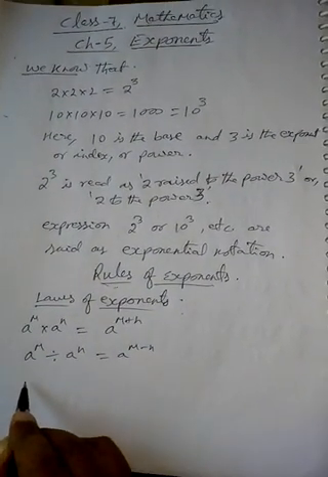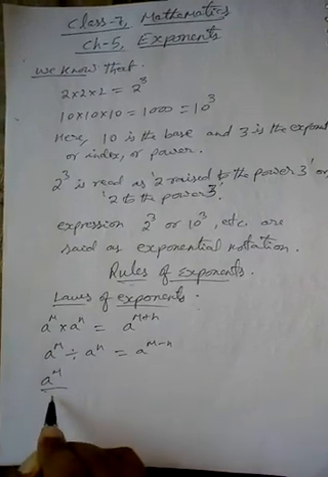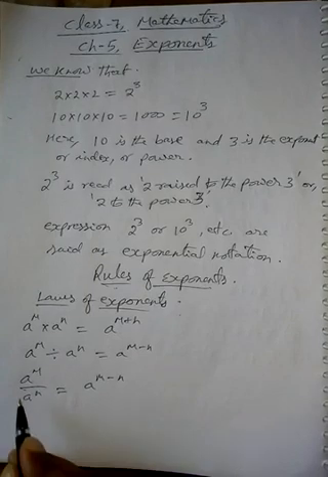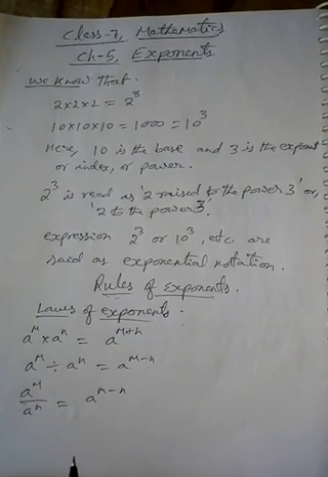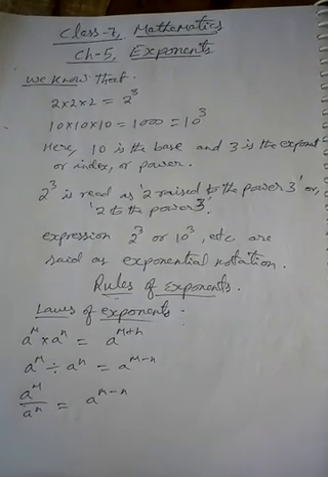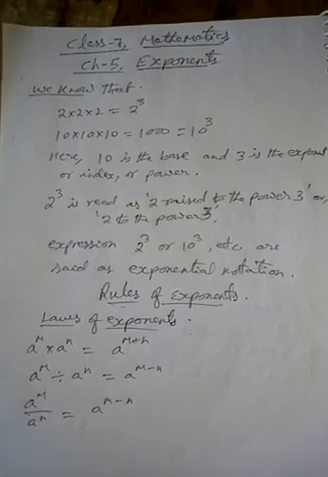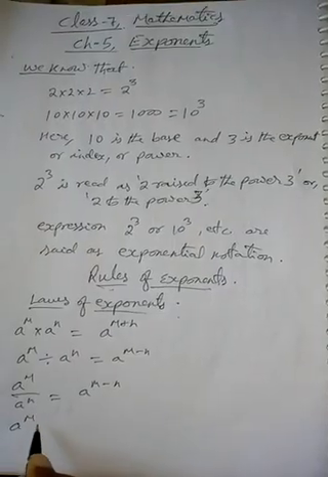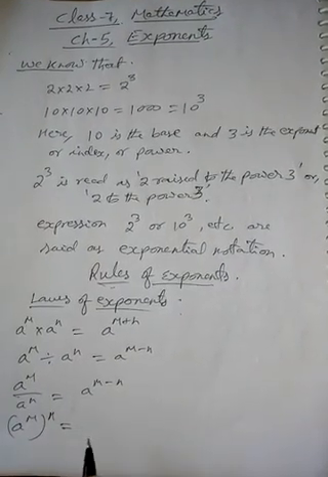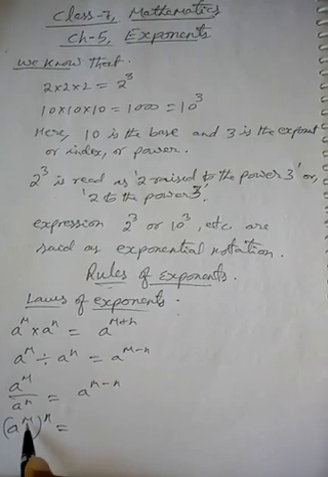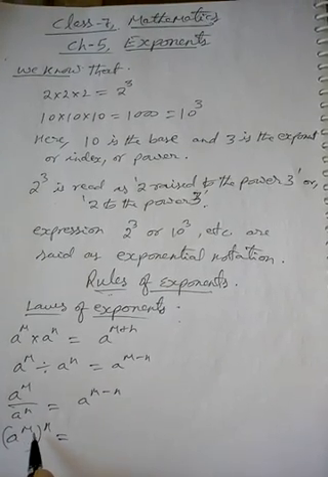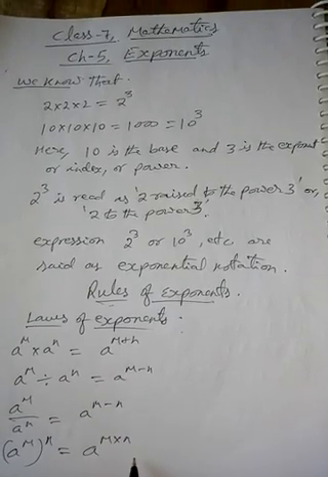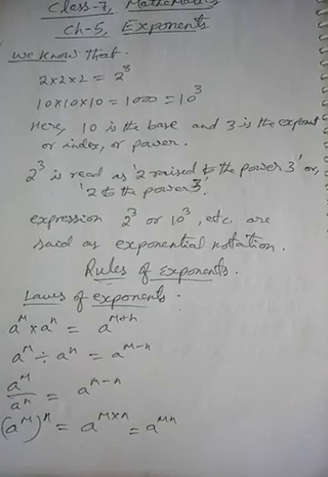Next, it can also be a raised to power m upon a raised to power n, which will also equal a raised to power m minus n, because the same bases are divided, so the exponents will be subtracted. Again, a raised to power m whole raised to power n will be equal to a raised to power m into n, that is a raised to power mn, because power to the power is multiplied.